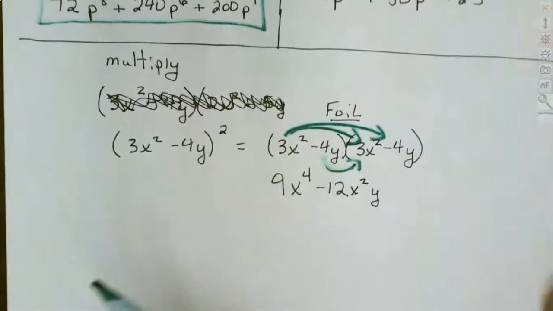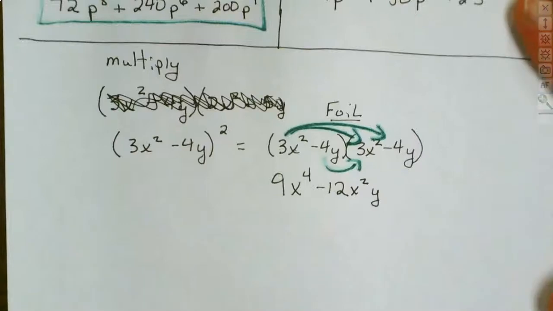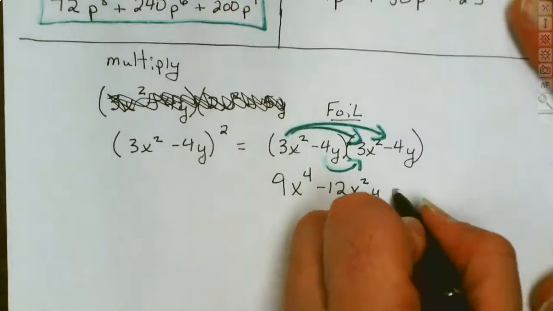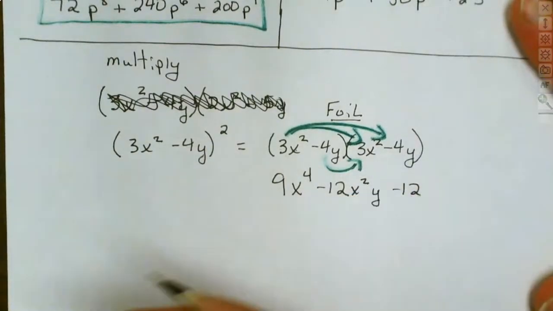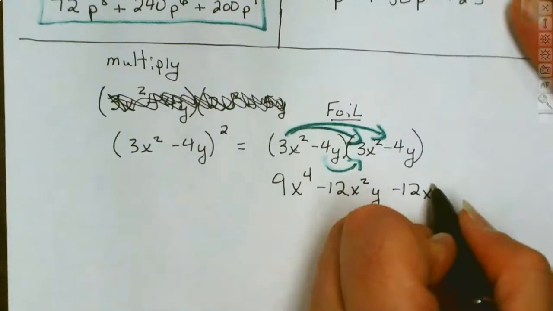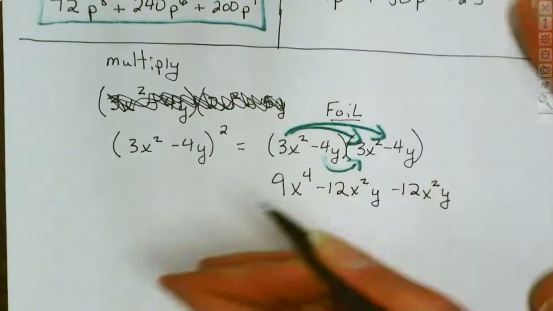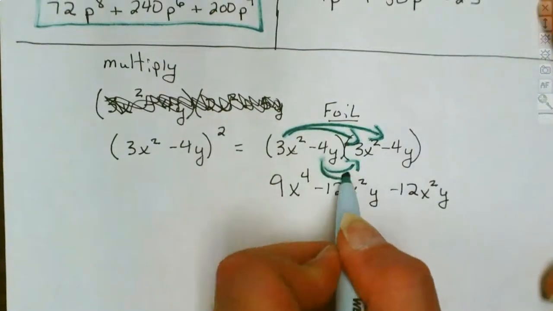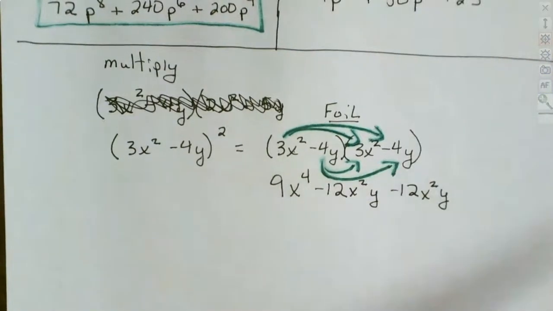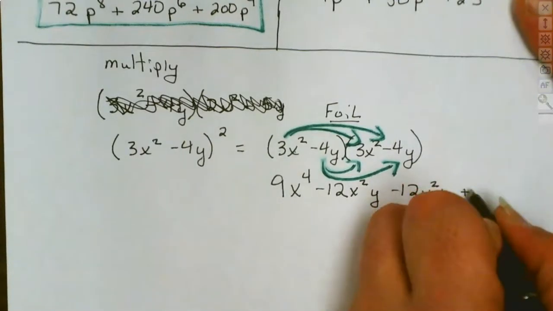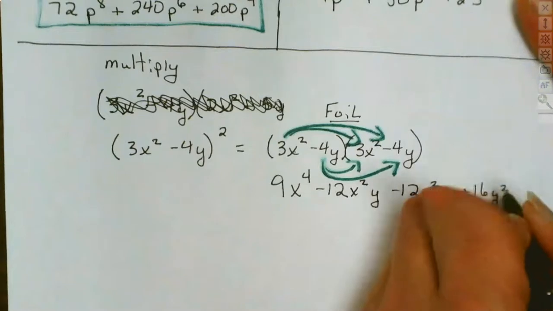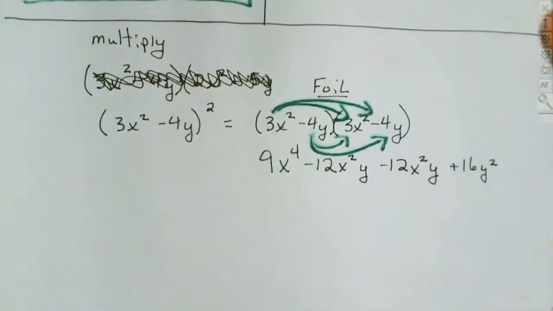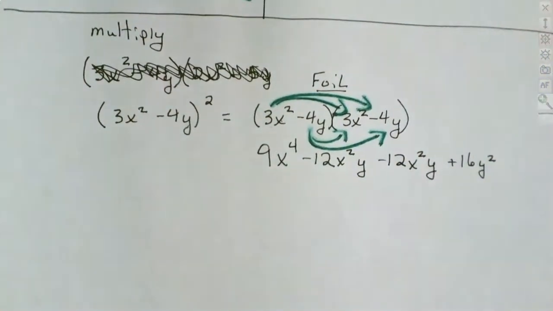So negative 4 times a positive 3, well, that makes it a negative 12. Again, x squared y. And then what about last times last? Yep, positive 16y squared. Watch your signs. So that's a positive 16y squared. You have to be very, very careful with your signs.